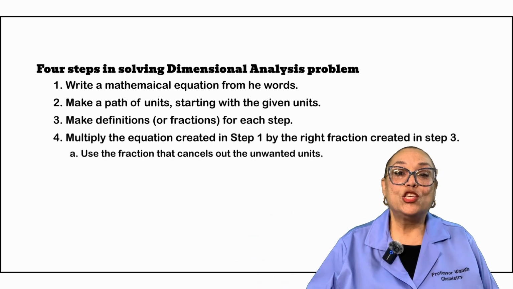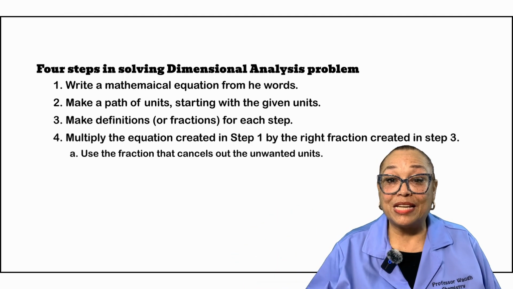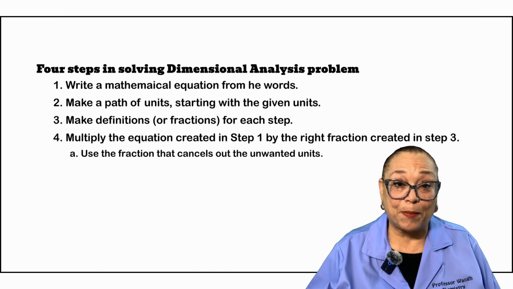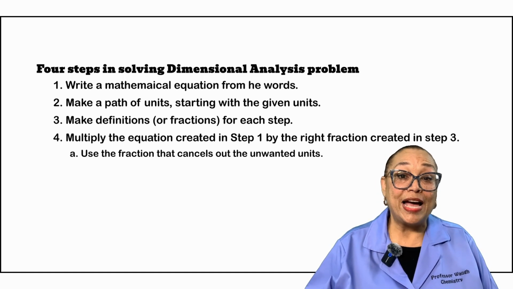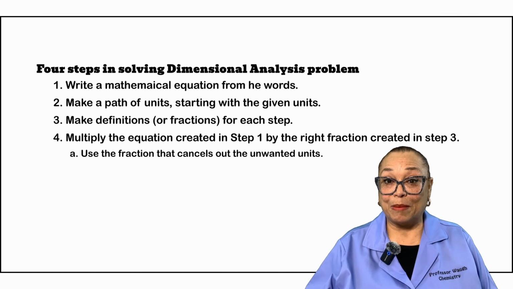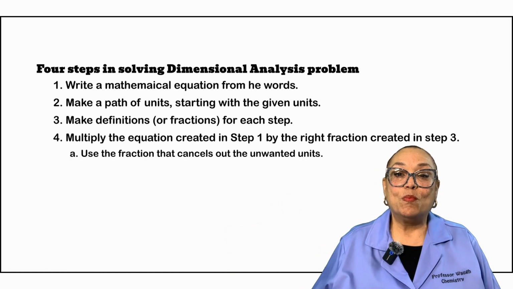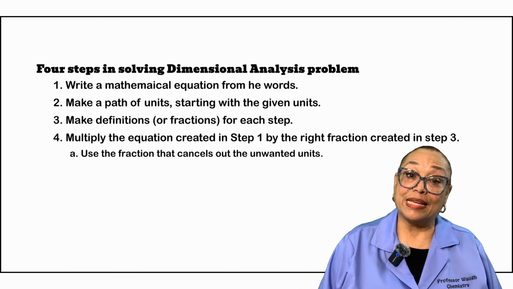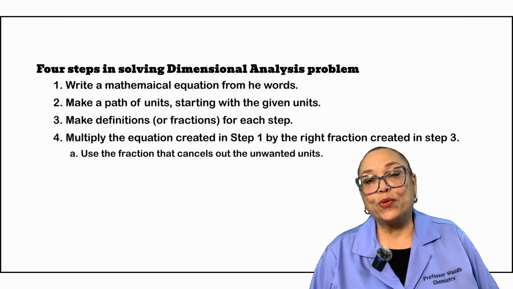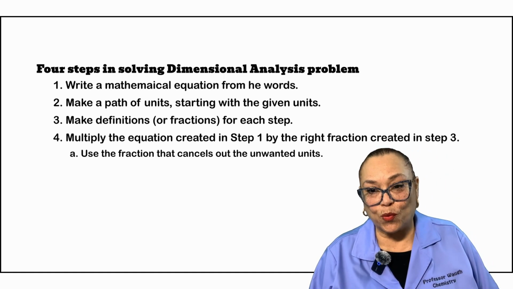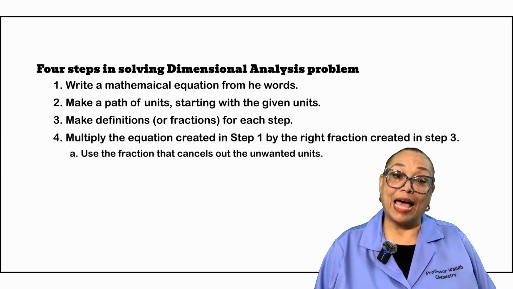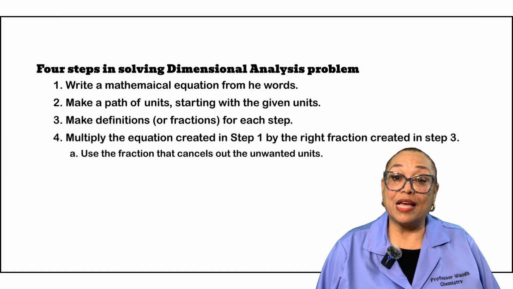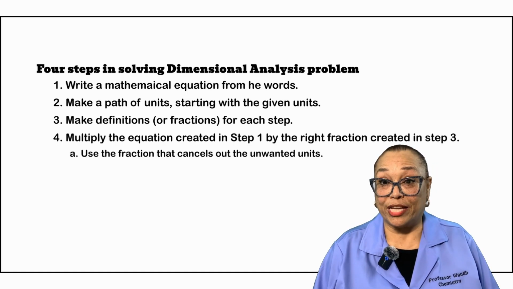In step 3, you make a list of definitions for each step along the path. Finally, in the last step, step 4, you multiply the equation in step 1 by the appropriate fraction in step 3, looking to cancel out the given units until you get to the target units.